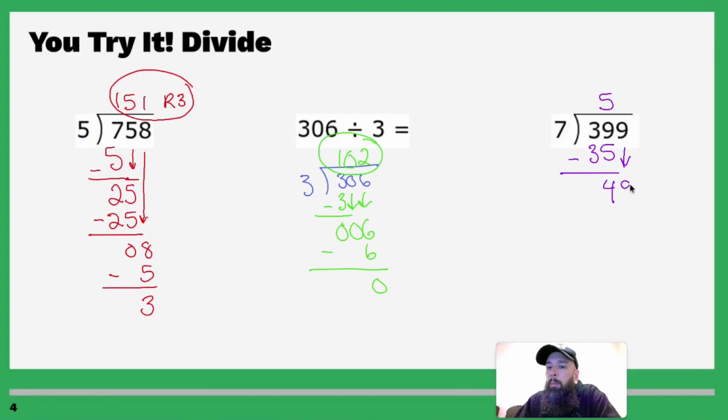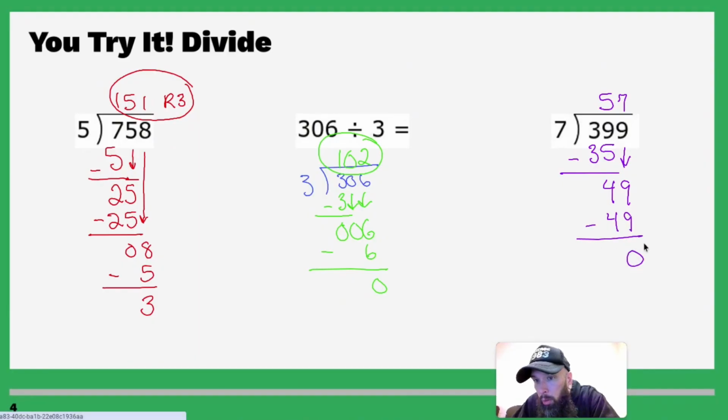Drop down the next number, which is 9. 7 goes into 49 7 times exactly. 7 times 7 is 49. Subtract the numbers. You get 0. There's no more digits left. Our final number is 0, which means there is no remainder, and 399 divided by 7 is a perfect 57.